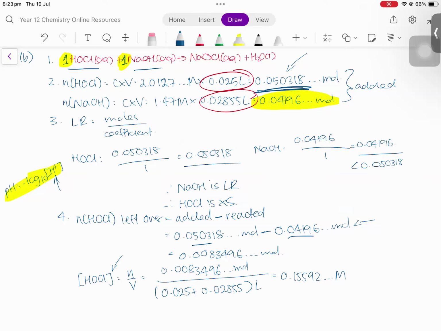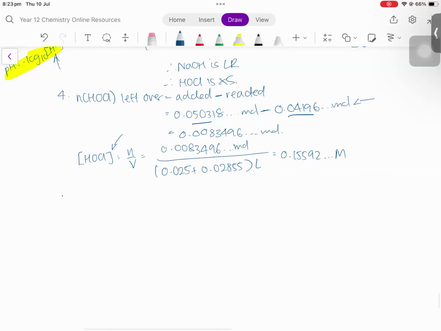It's H plus concentration, not HOCl concentration. So I need to figure out how much H plus actually comes out of my HOCl. I do that via a chemical equation, and it's the acid dissociation equation.